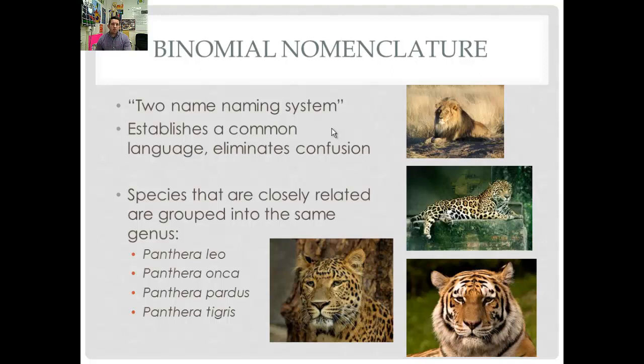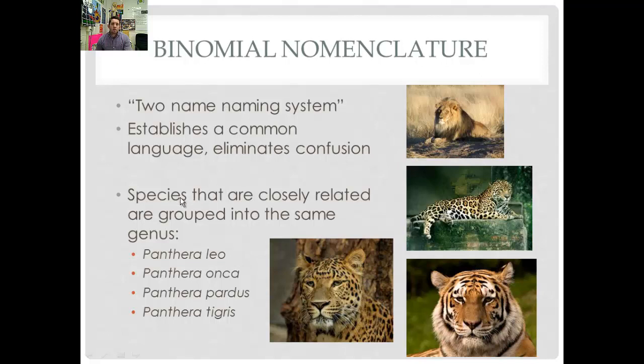So instead of knowing something as either a woodchuck or a groundhog, you have a common name, typically in Latin, that crosses all barriers of language, whether you know English or you don't know English. So scientists across the globe can agree that a lion is Panthera leo, okay, even if they don't know lion in English.